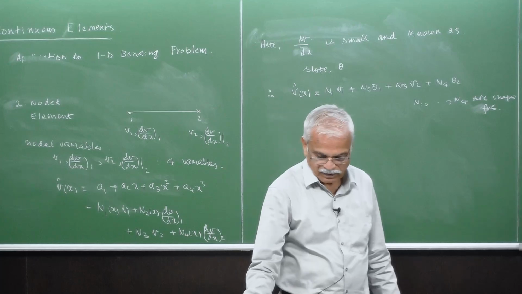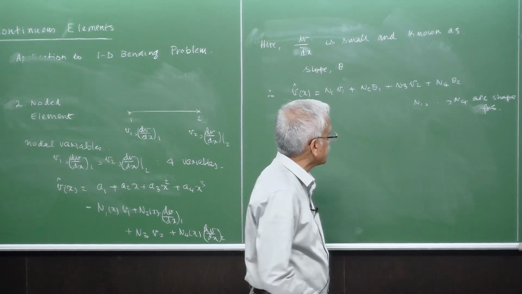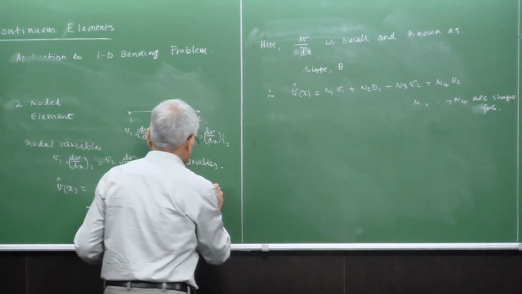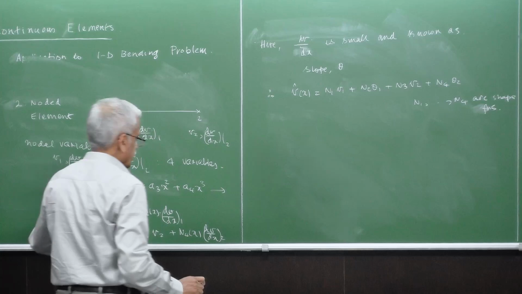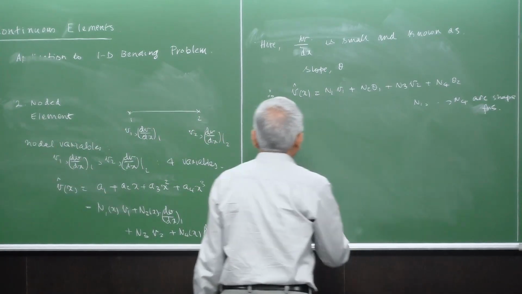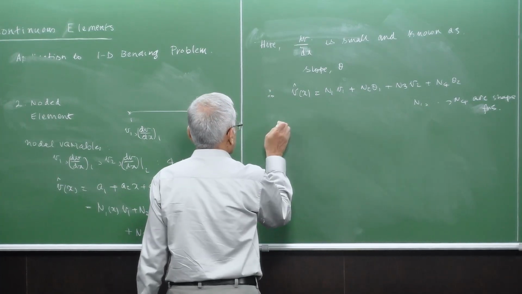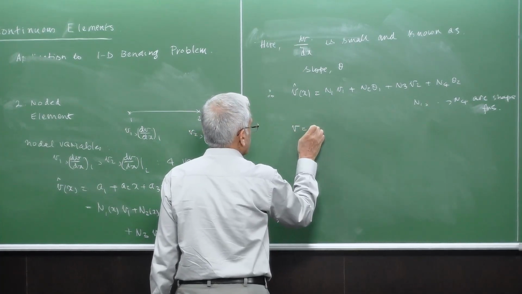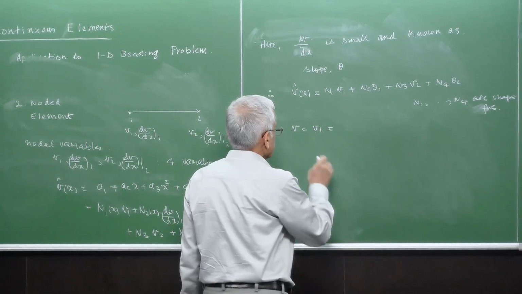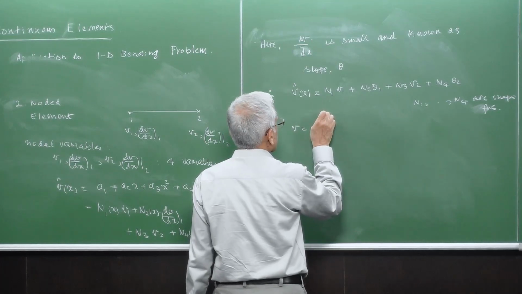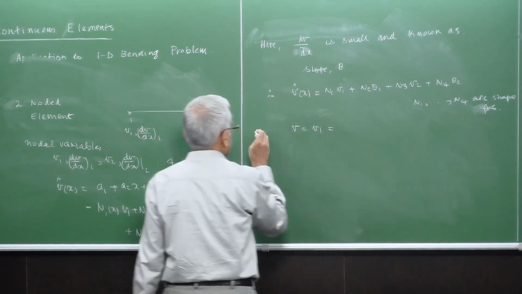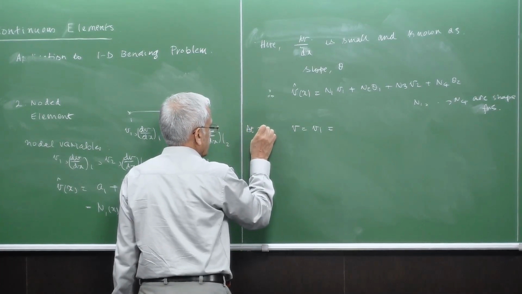Or, on the other hand, since v of x is given by this polynomial, we use this equation to formulate 4 equations in the 4 unknowns. For example, v is equal to v1 at x equal to x1, or let us just say at x equal to 0.